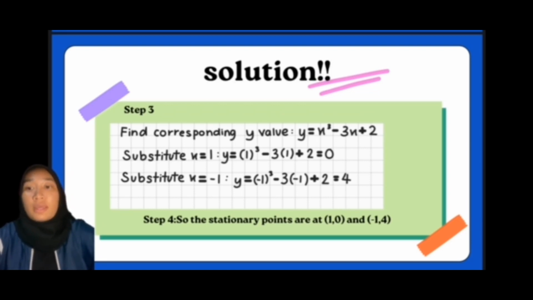Next, substitute x equal to negative 1 into the equation. So y equal to negative 1 cubed minus 3 times negative 1 plus 2, which equals 4. So the stationary points are at (1, 0) and (negative 1, 4).